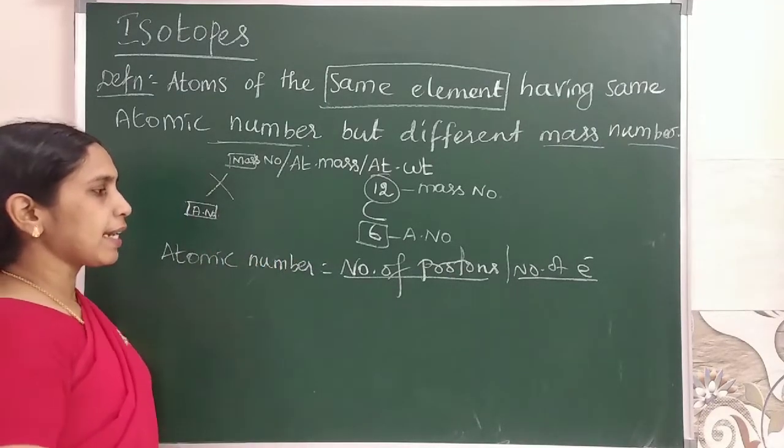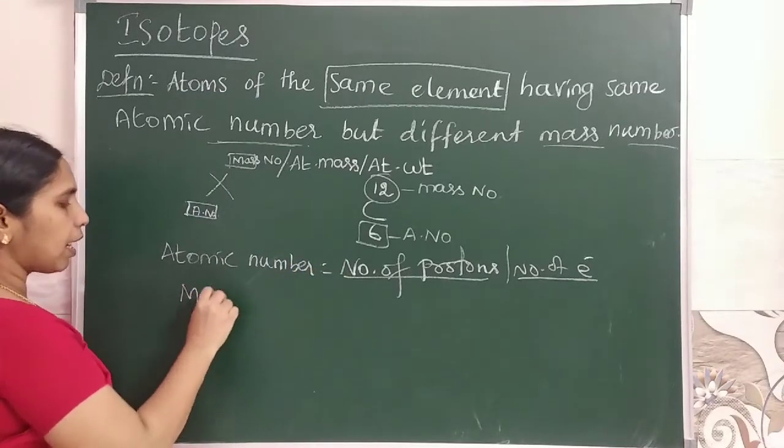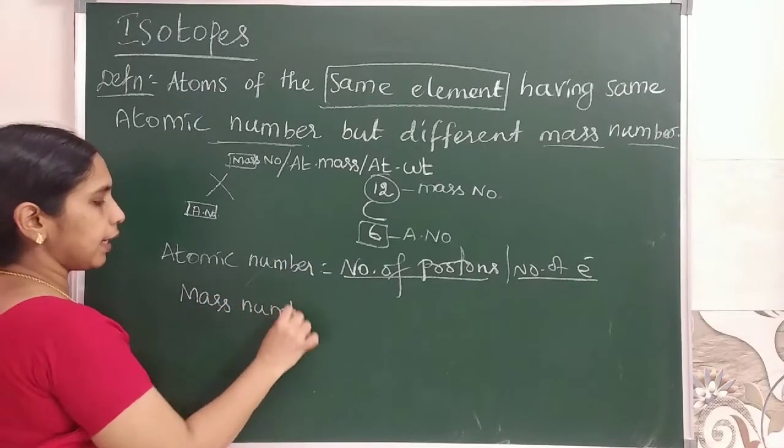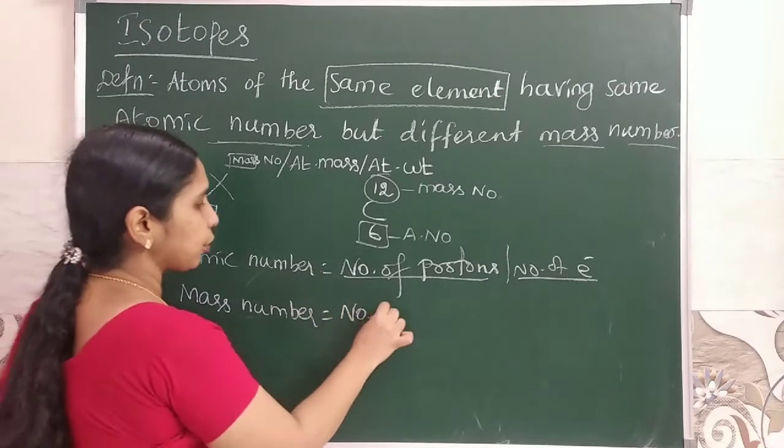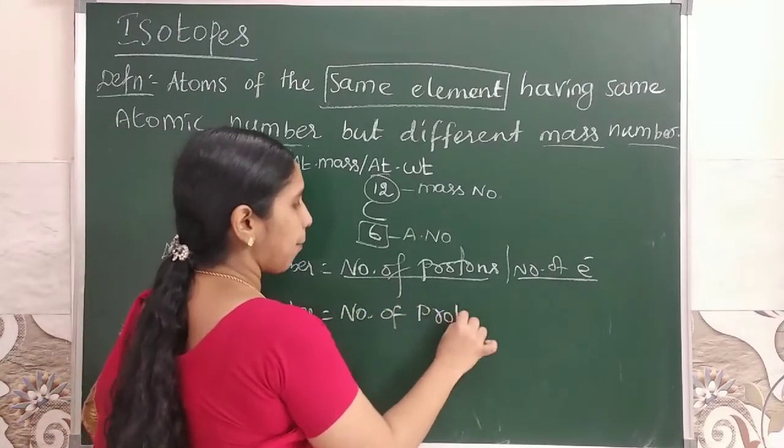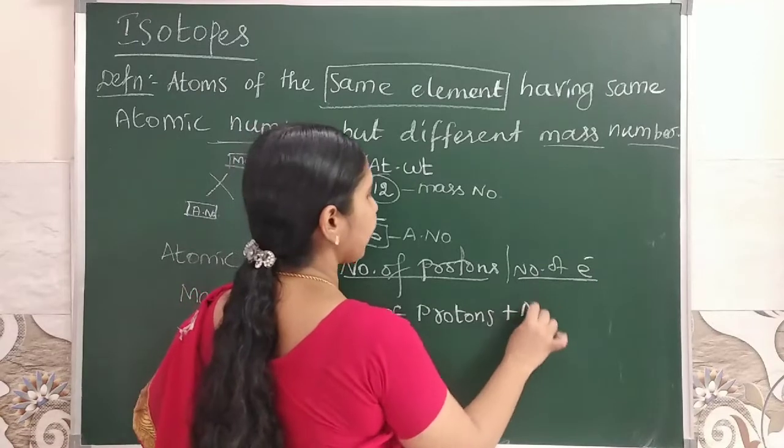Next, mass number. Mass number is equal to the number of protons plus the number of neutrons.